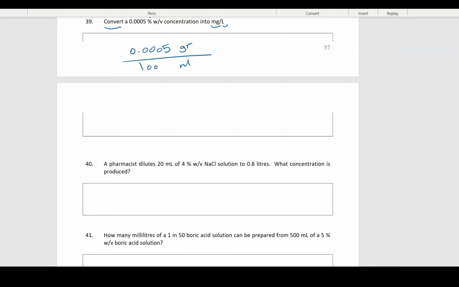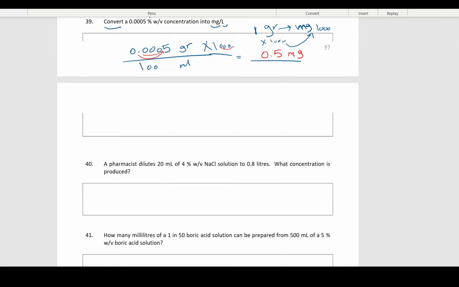Now we want to change grams to milligrams. 1 gram equals 1,000 milligrams, so I multiply by 1,000 to get the milligrams. I have 3 zeros, so I get rid of these 3 and move the decimal point behind the 5. So it would be 0.5 milligram.